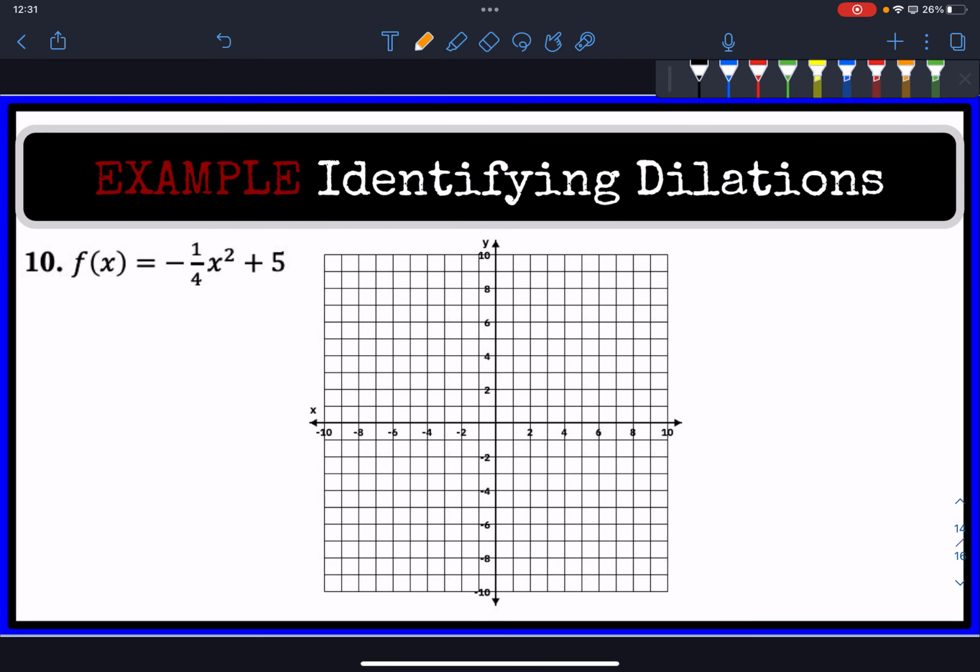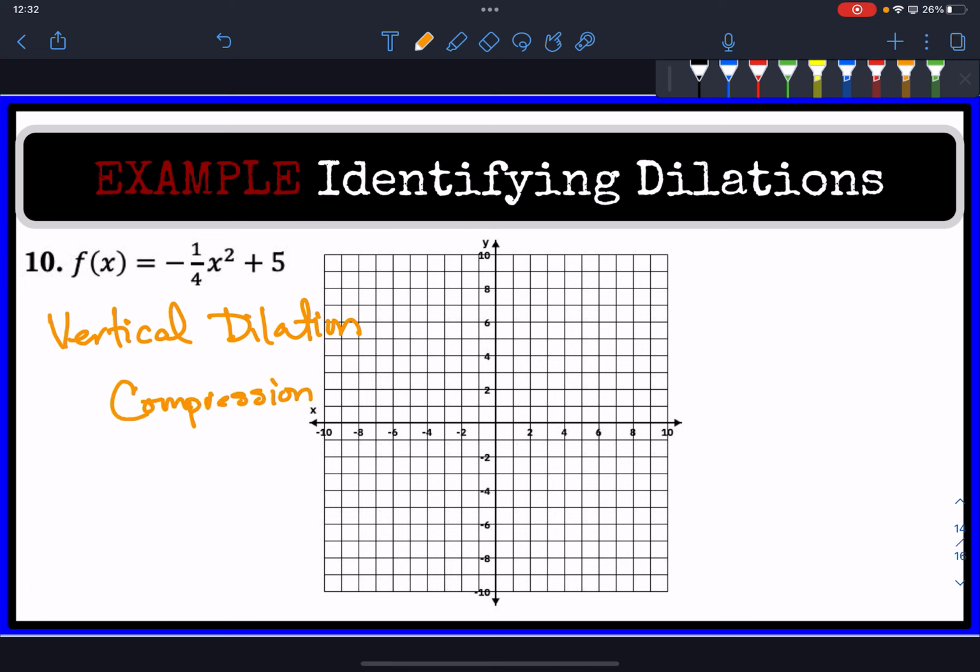And again, this is what I want you to get clear. Notice again that we're not grouping. So this is a vertical dilation. And because the number that we're multiplying is 1/4, that's going to be again a compression.